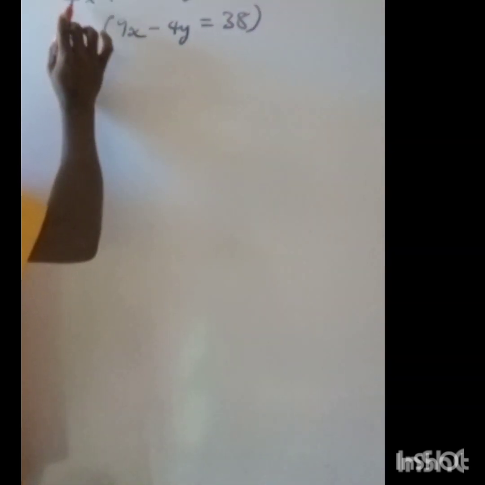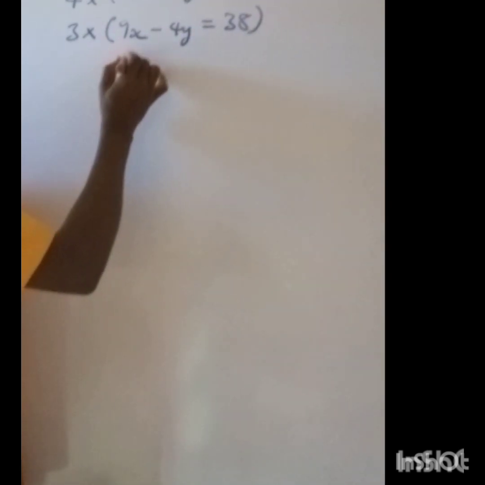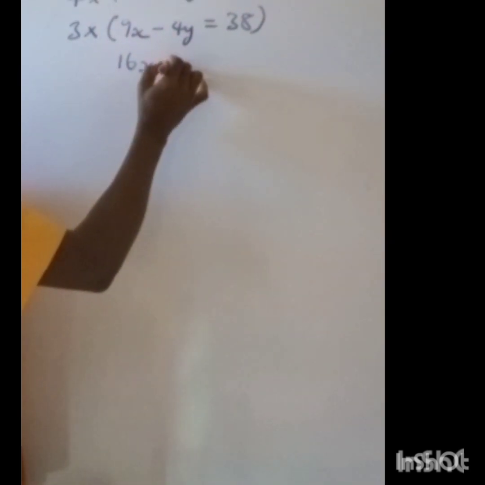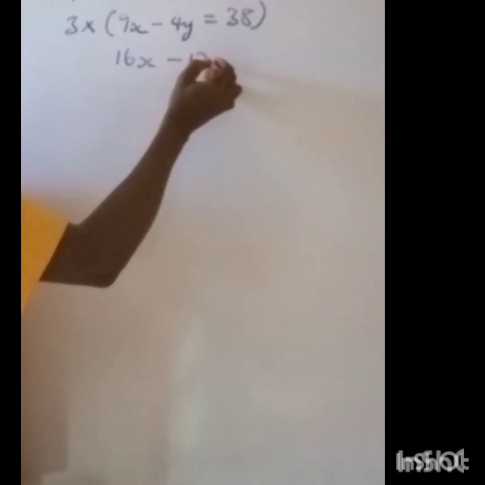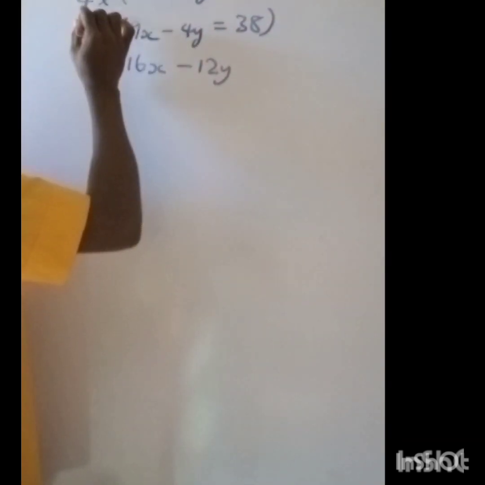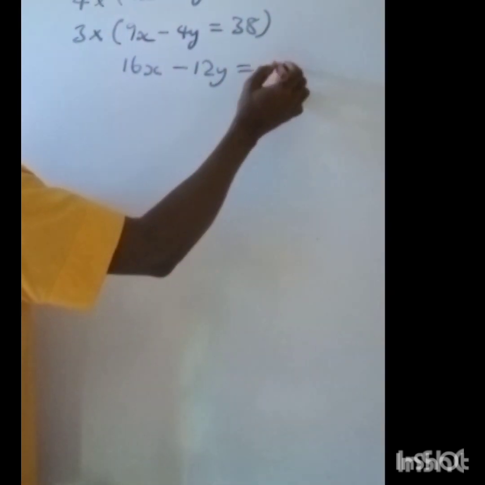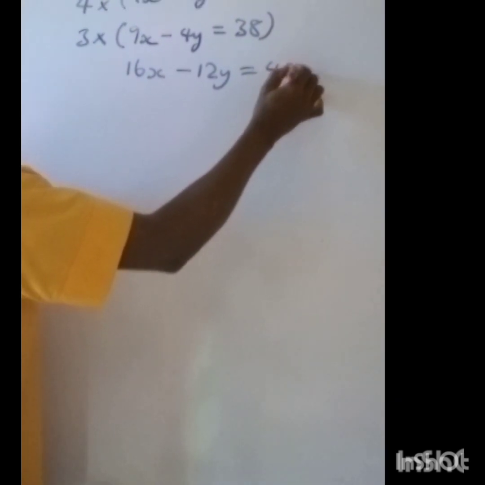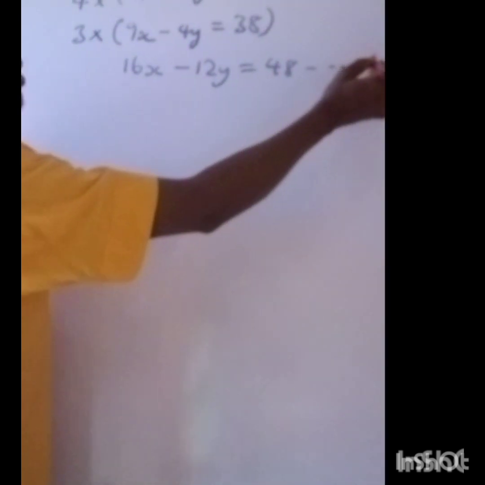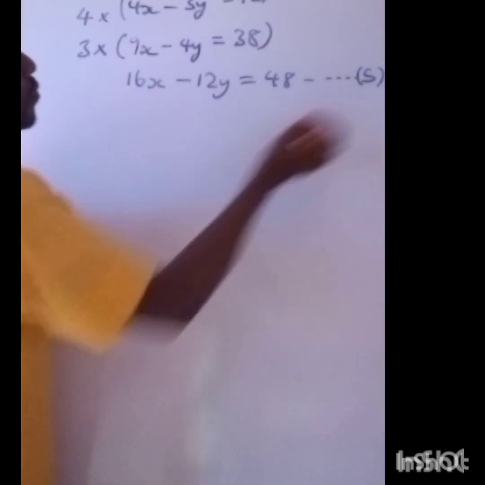4 times 4 gives 16x minus 12y, and 4 times 12 gives us 48. This becomes equation 5.